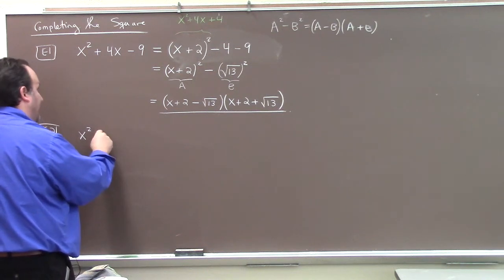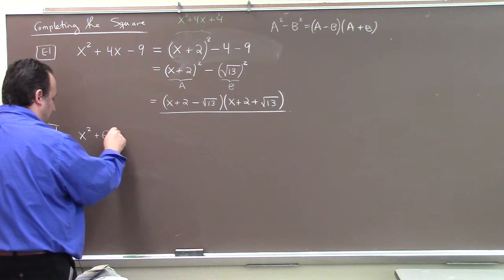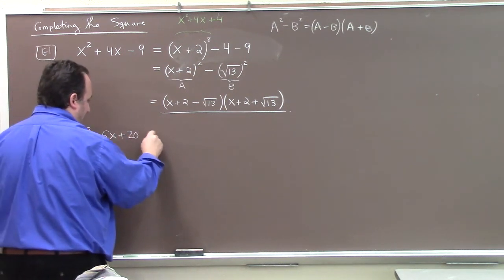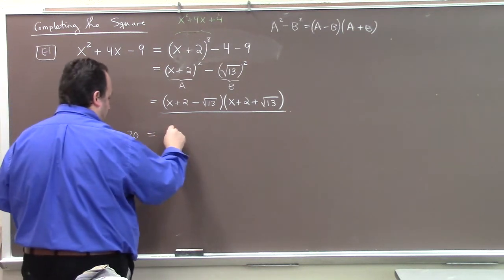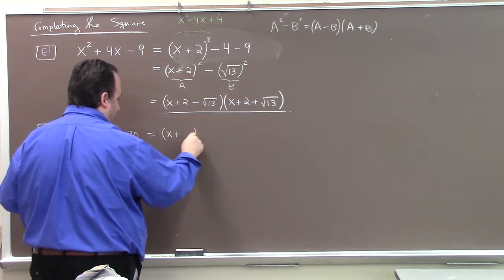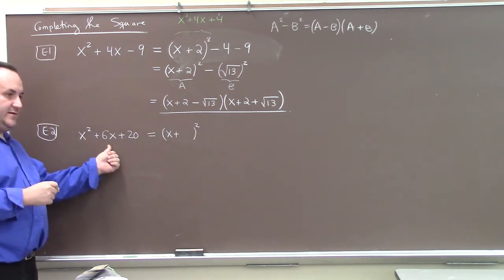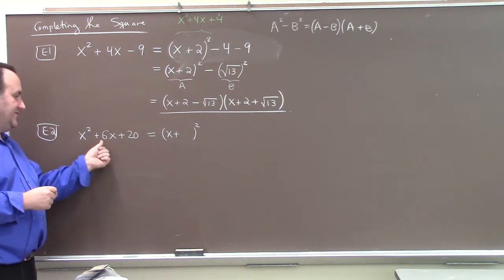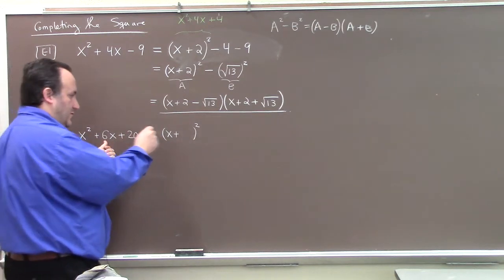So here's another one. If I had x squared plus 6x plus 20, complete the square. So this time I would do x plus what, squared? If I got a 6 here, to recover x squared plus 6x, I must put half of 6, which is 3.